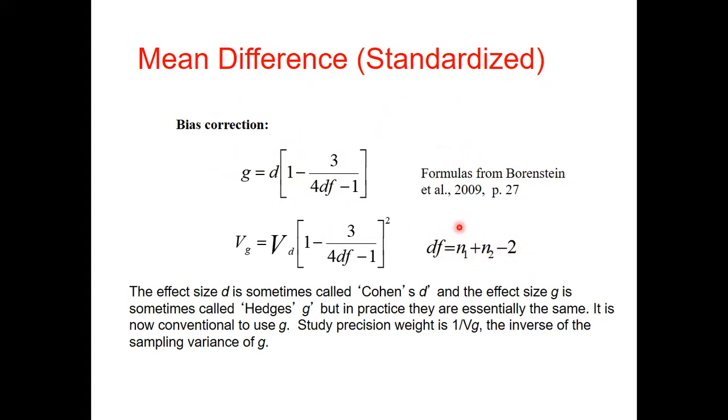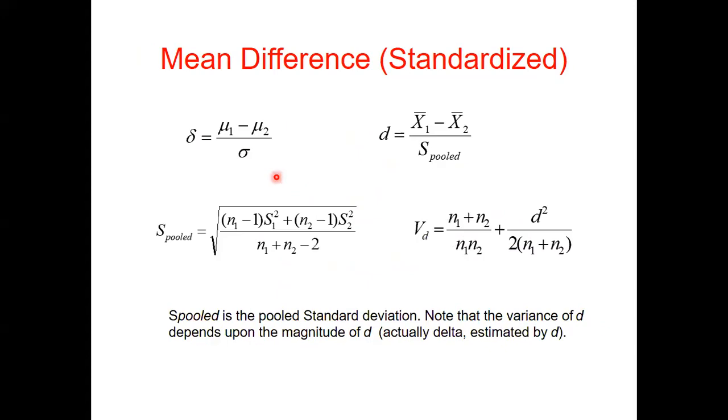So if you have, for example, 20 and 15, that would give you the degrees of freedom here. Then you multiply by the rest of the information, and the D, which is the mean difference that we obtain here.